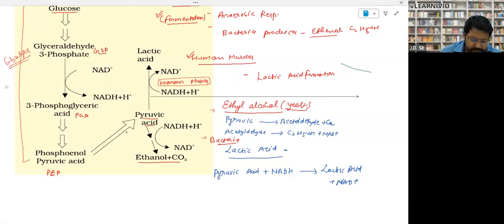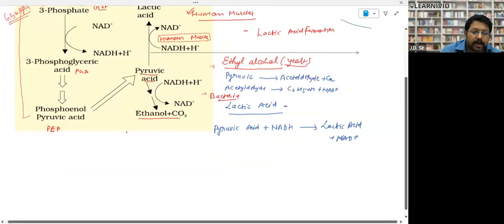Glycolysis breaks down a molecule of glucose into two molecule of pyruvate, 2 ATP, and 2 NADH, right?